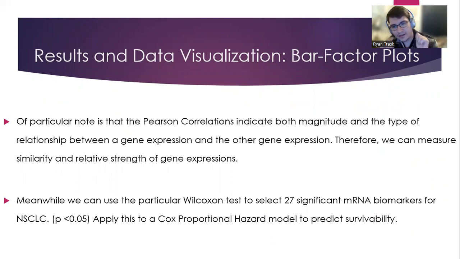Now, why do I say the Pearson correlation test is still valuable despite it not working as intended? The important point is that the Pearson correlation coefficient values indicate both the magnitude and type of relationship. So that's why I still see value in there, even though it didn't work. If it worked properly, we would be able to measure the similarity and relative strength of the gene expressions when compared to the rest of the gene expressions.